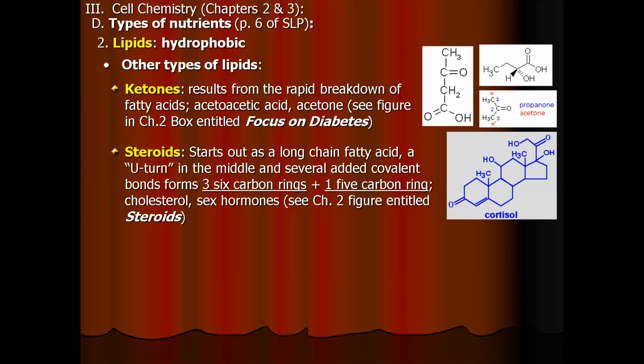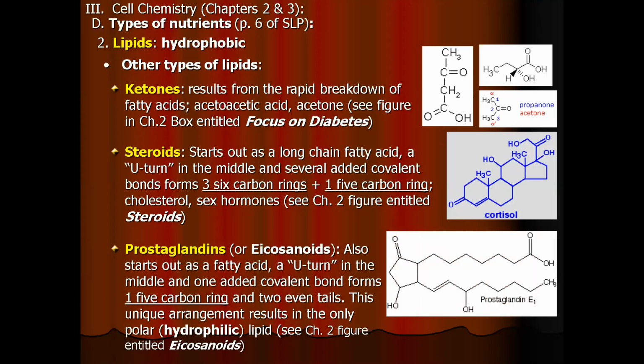The one exception to hydrophobic lipids is prostaglandins. So that's why I put it on with a little blue asterisk. These are hydrophilic, the only lipids that are hydrophilic. And they do start out as a fatty acid. You can see it's a long chain fatty acid here, but it does a U-turn.